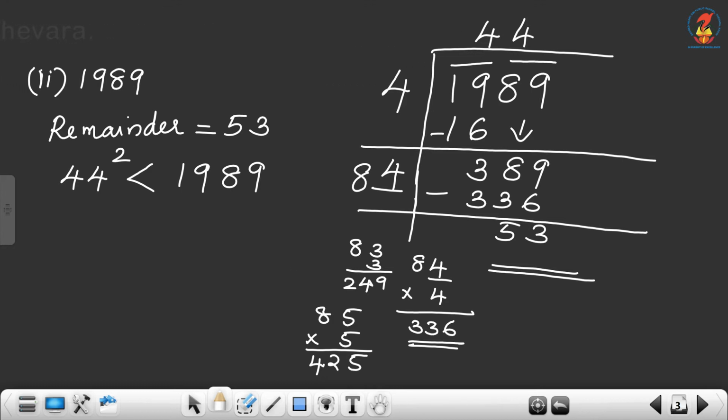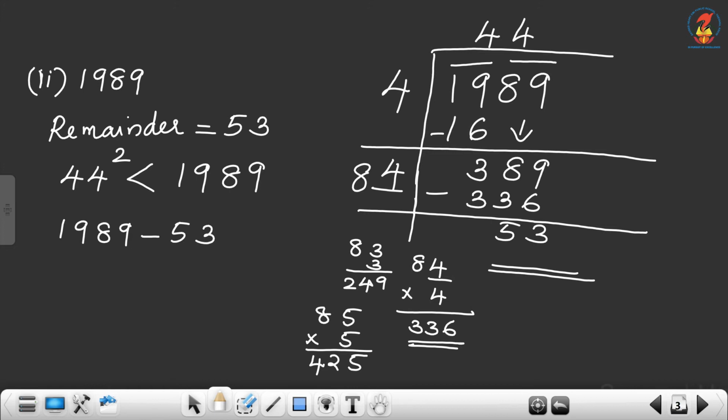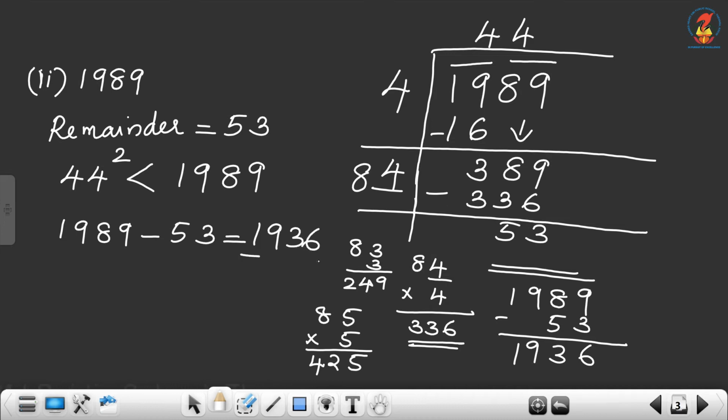And when you subtract the remainder from the given number, 1989 minus 53, you will get the perfect square number. So you will get 1936. So 1936 is a perfect square number.